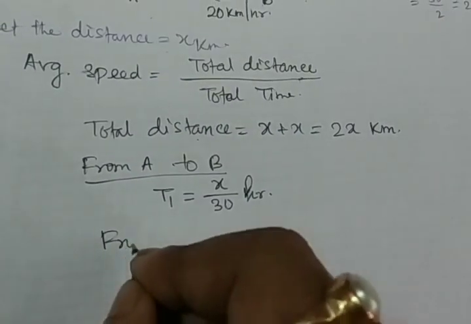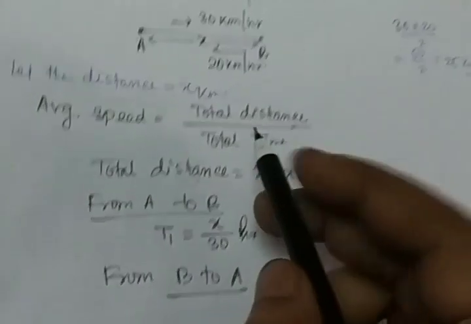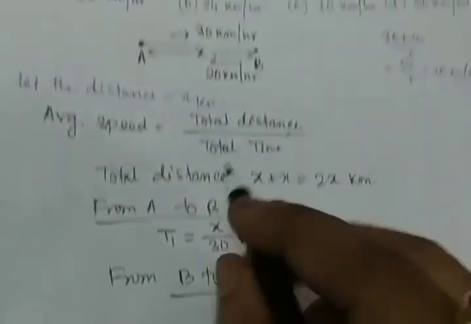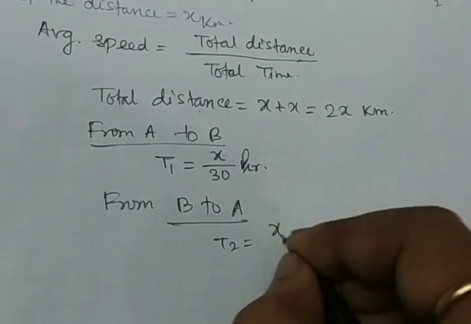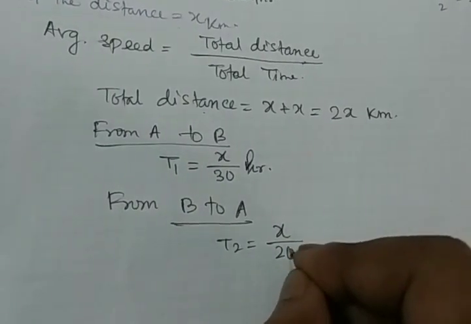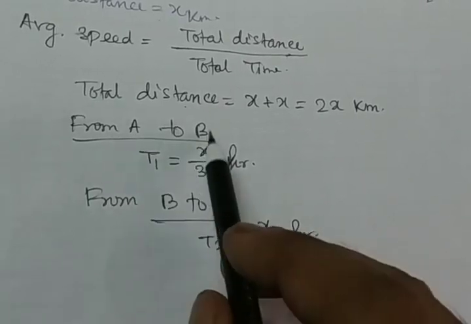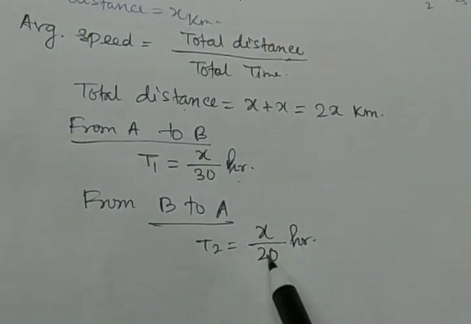Now from B to A, what is the speed? Speed changes. It was 30 but now it is 20, but the distance is the same, x. So T2 will be equal to x by 20 hours. Do you understand? So during A to B, T1 is x by 30 hours, but from B to A it is x by 20 hours.